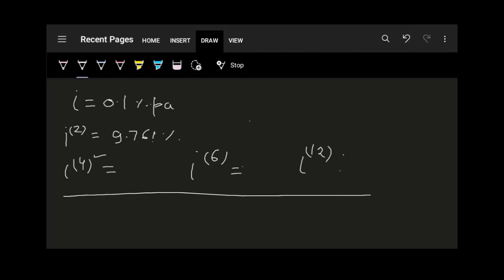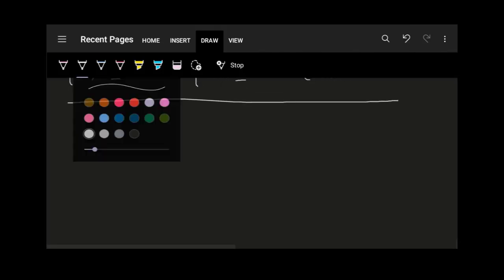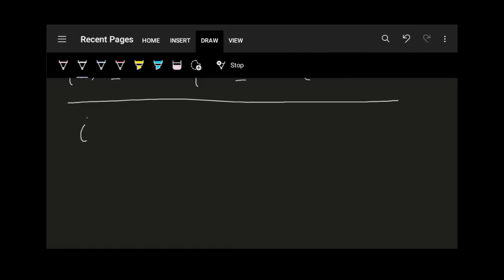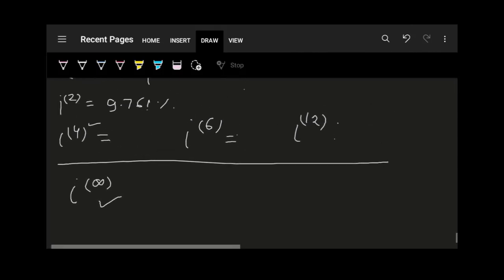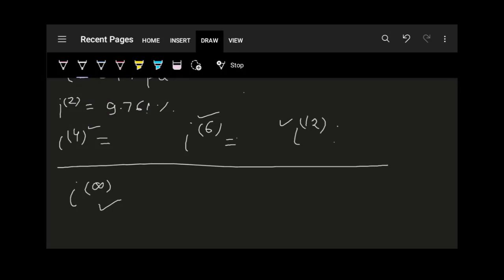In a similar way, suppose I tell you about a notation I infinity. What can you infer from this notation, in a similar sense to these notations?